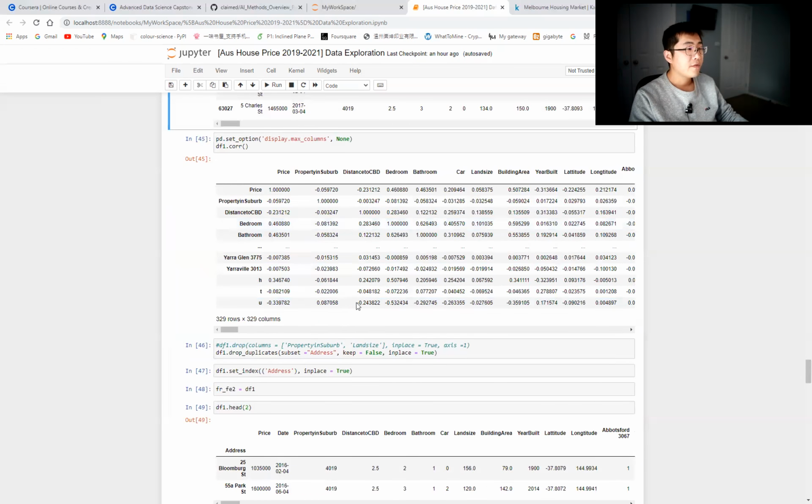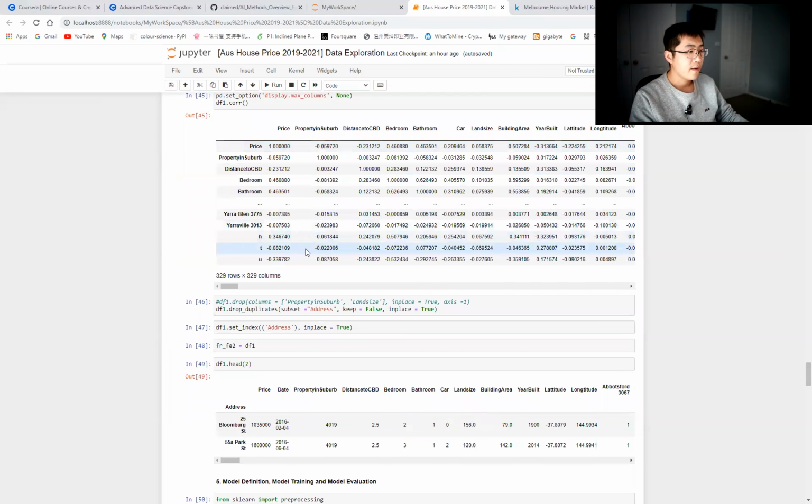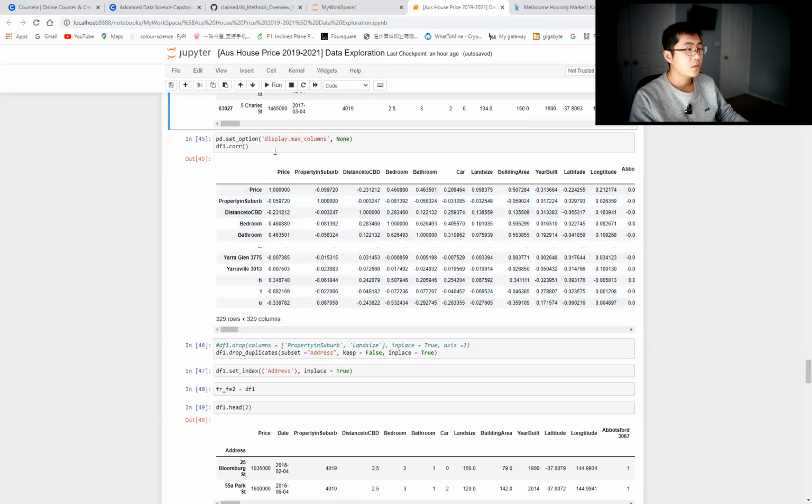Hence, we have all the columns sorted out. Here we go. We also drop some duplicated address here, but what I want to show you is we have these important information sorted out.